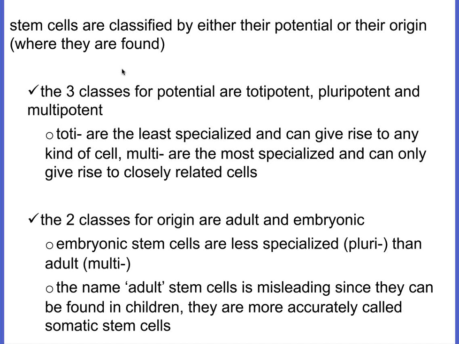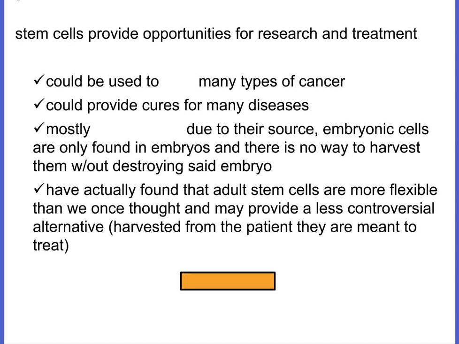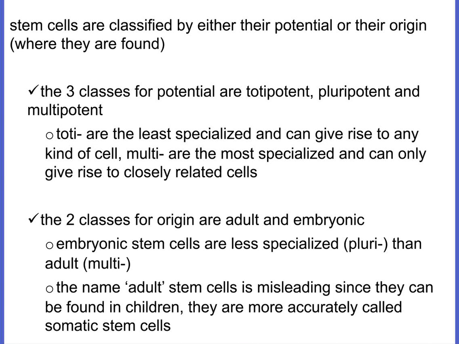So we're going to talk about different types of stem cells. There are classes based on potential, but there are also classes based on where you find these cells in organisms. So I want to organize this information in a graphic form. Let's get a blank page here so I can throw that in.